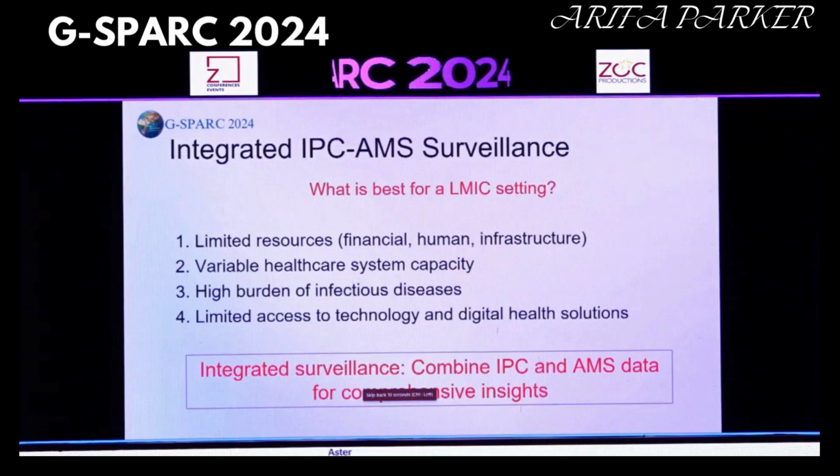So an integrated IPC surveillance strategy in a well-resourced area would utilize things such as electronic health record integration, sharing data between different health information systems.